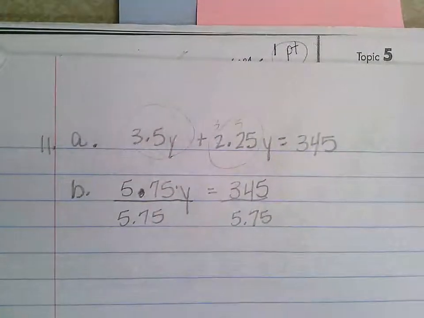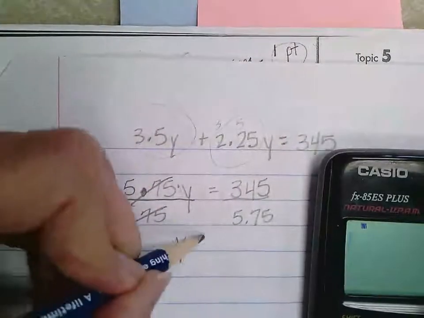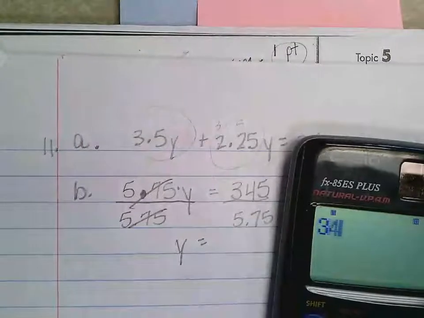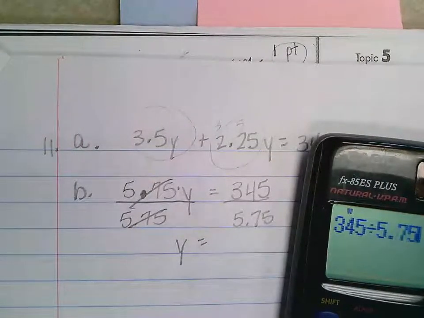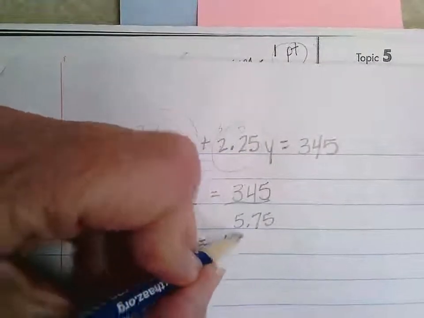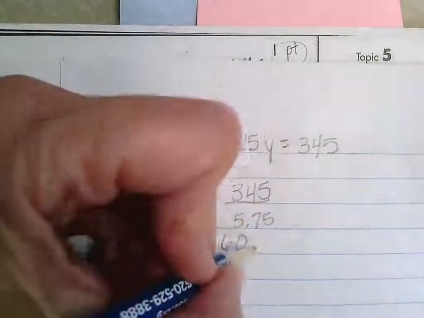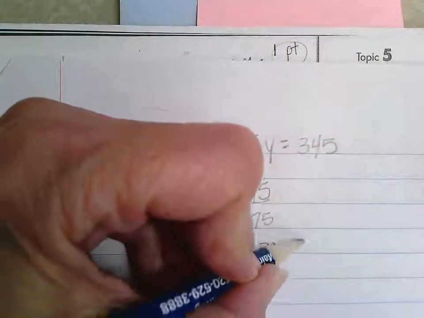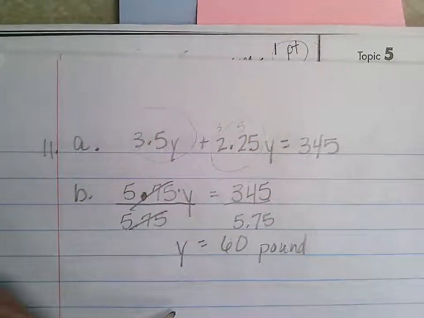And I will get 60. So how many pounds of concrete does each bag make? It makes 60 pounds of concrete.